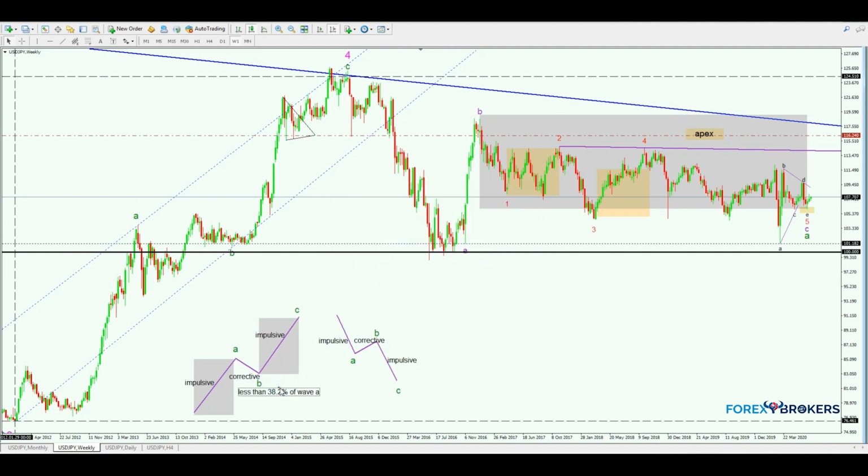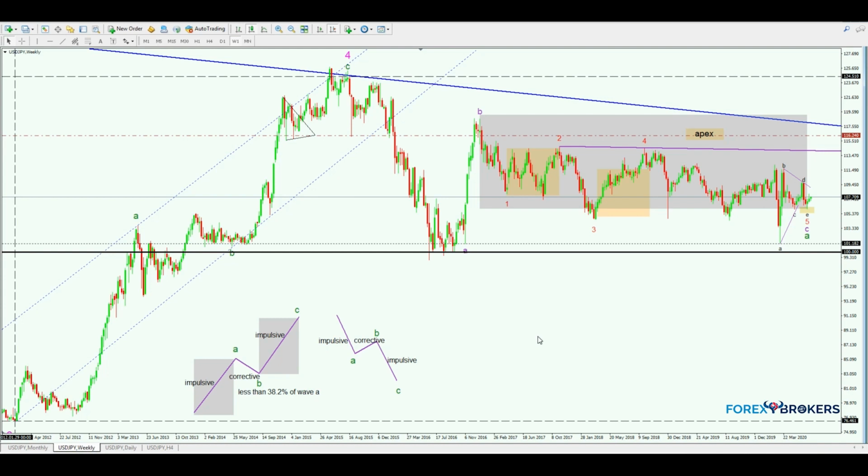It can go even 61.8 sometimes. There's nothing wrong with it. Only that the more it retraces, the more questions the trader should have on the ability of interpreting a zigzag, because in a zigzag the minimum retracement for the B wave is 1% of wave A. So rarely it goes beyond 38.2.